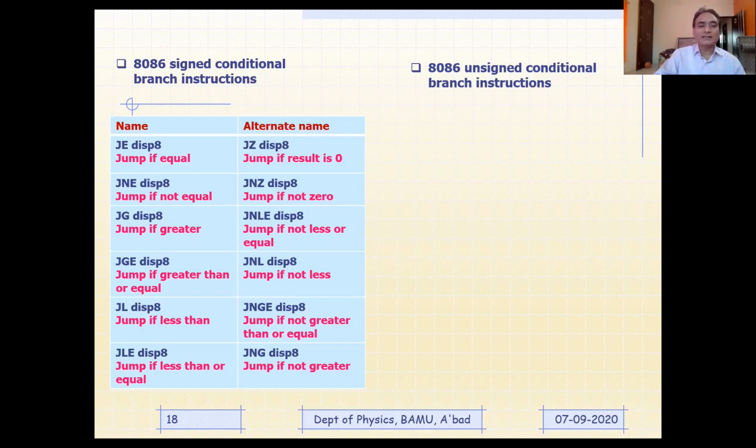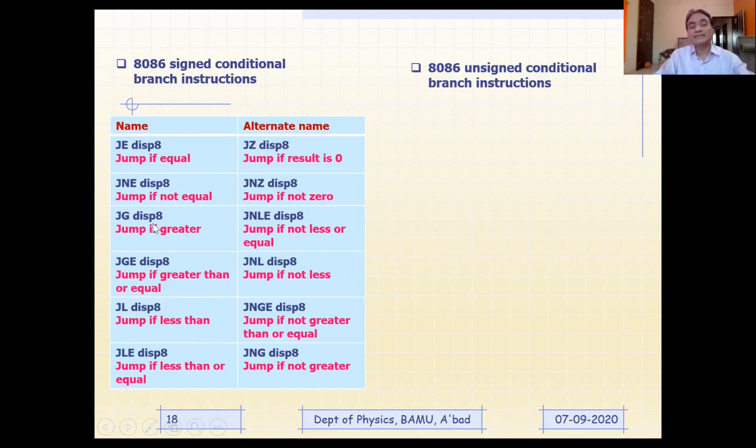Similarly, JNE stands for jump if not equal. JG stands for jump if greater. JGE stands for jump if greater than or equal. JL stands for jump if less than, and JLE stands for jump if less than or equal.